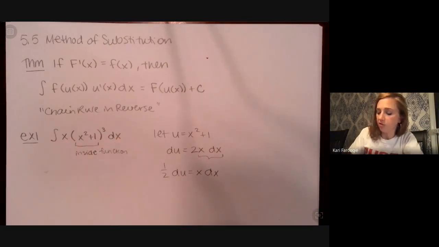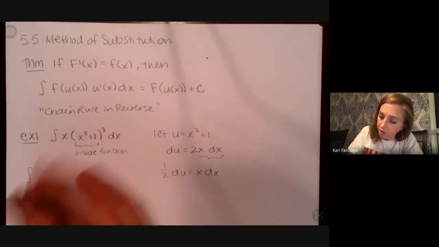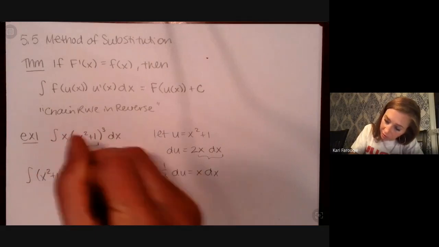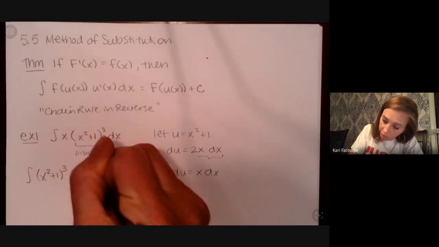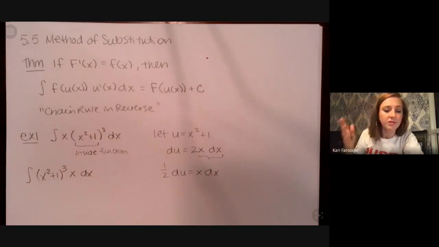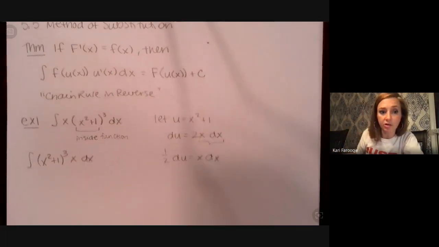Now, watch what happens as I rewrite this. And if you'd like, I'll include an intermediate step. If it helps to see these sort of separated, you can rewrite the factors so that the x is right next to the dx. Sometimes that just makes things easier to see, especially when this is new.